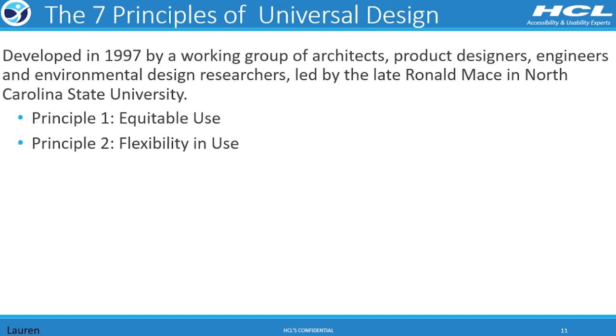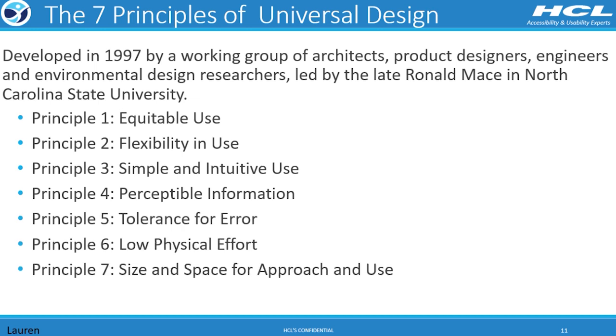So these 7 principles, let's look at these. Equitable use. Flexibility in use. Equitable use, I think, is pretty straightforward to everybody, but flexibility in use, what does that mean? That means you've got more ways of using a website than just one.